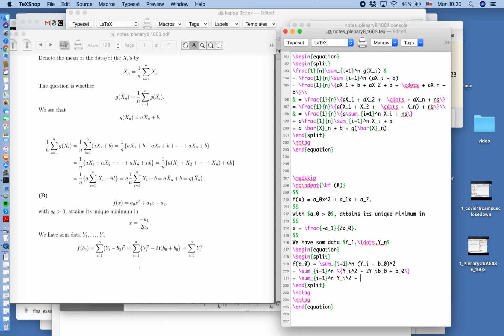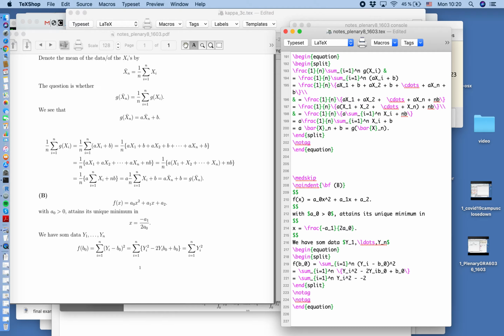For the second term, we see that there is this constant that will go outside the sum together with the minus sign, of course. When we sum these yi's, we know that that is equal to n times the mean of the yi's.